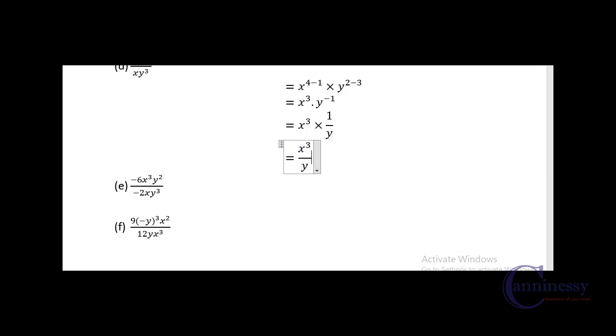So this will be our final answer. So it's x to the exponent 3 divided by y. Okay, so let's do number E.